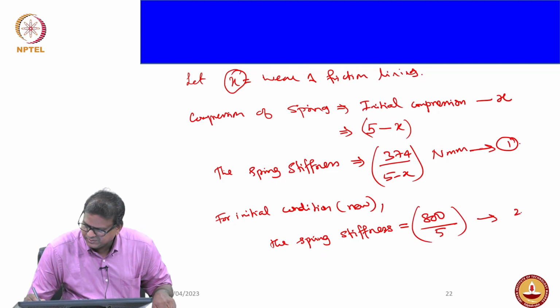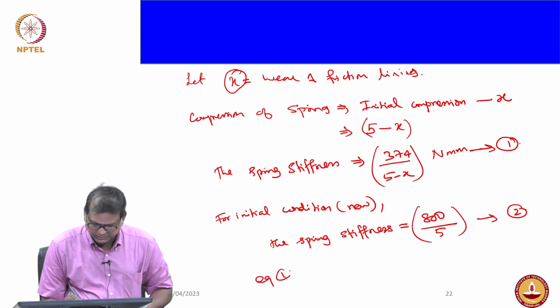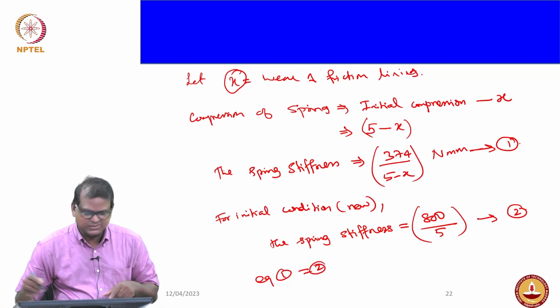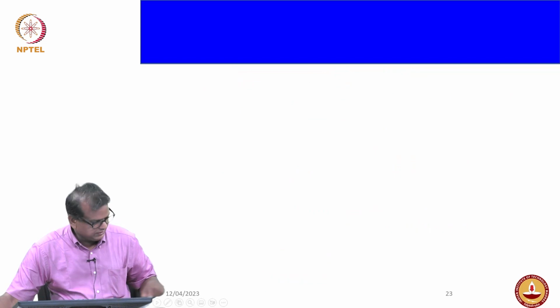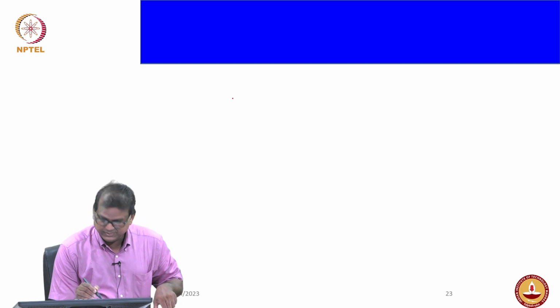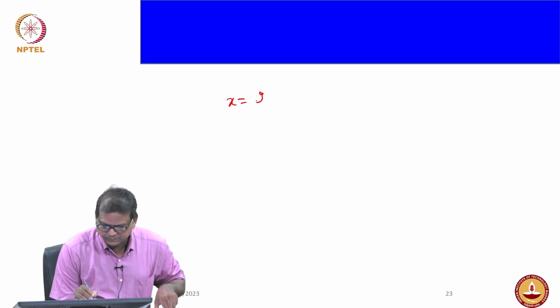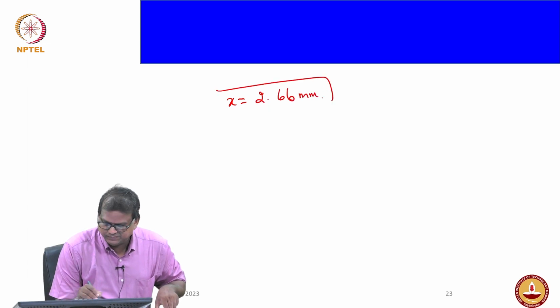So this is equation number 2. So equate 1 and 2, because stiffness should remain constant. When you do that, can you tell me what answer you are getting? x equal to 2.66 millimeter.